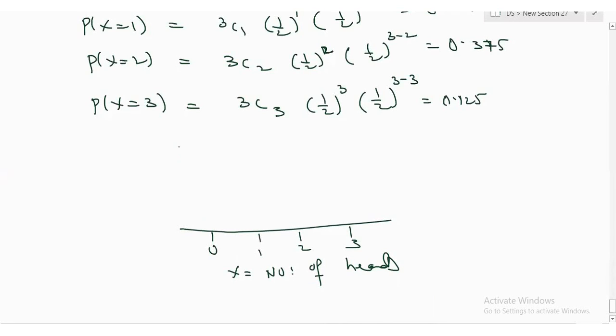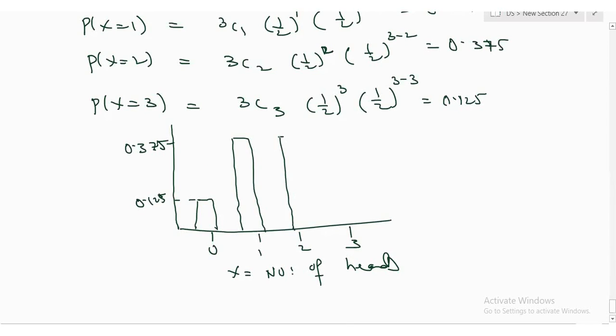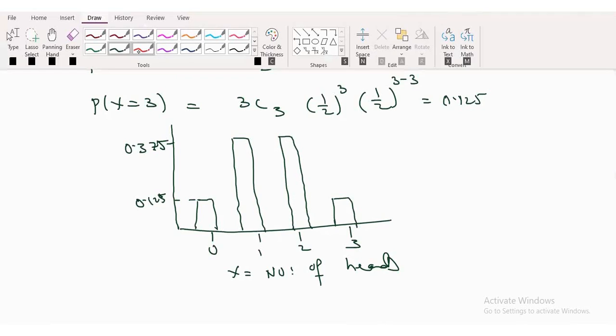So corresponding probability. Let's say this is 0.125, and this is, how much it is? 0.375. So this will become like this, and another one also like this, and another one is like this. Agreed? Okay.